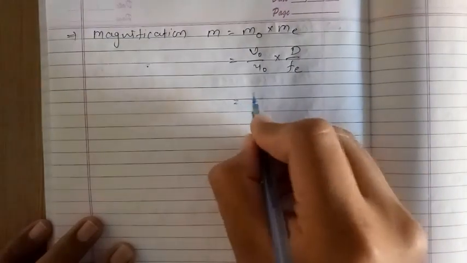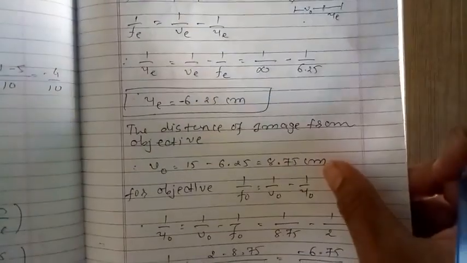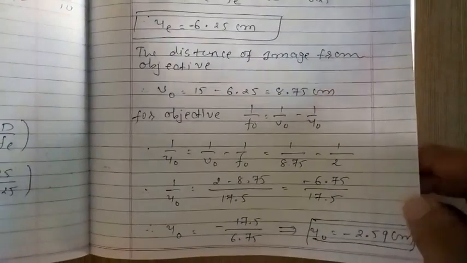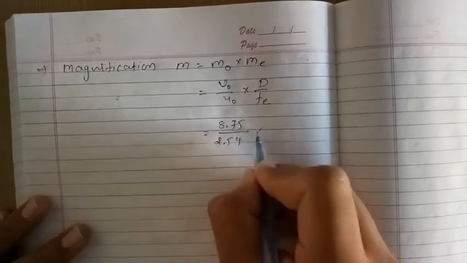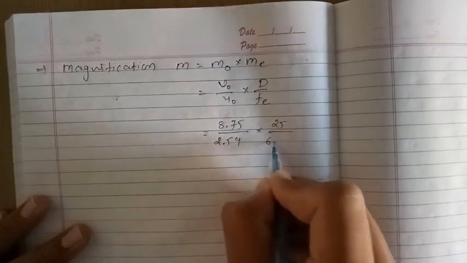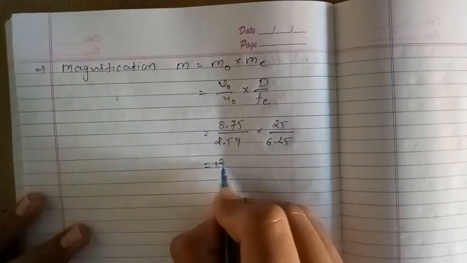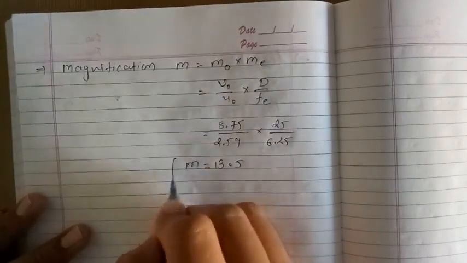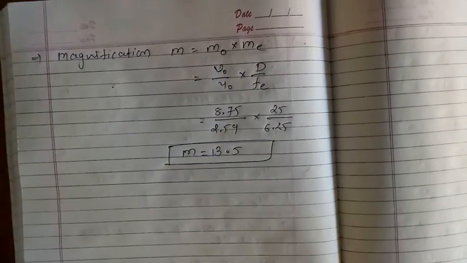So VO 8.75, right? VO 8.75 here, UO 2.59, D 25, FE 6.25. So we get M is equal to 13.5. So magnification in the second case is 13.5, right?